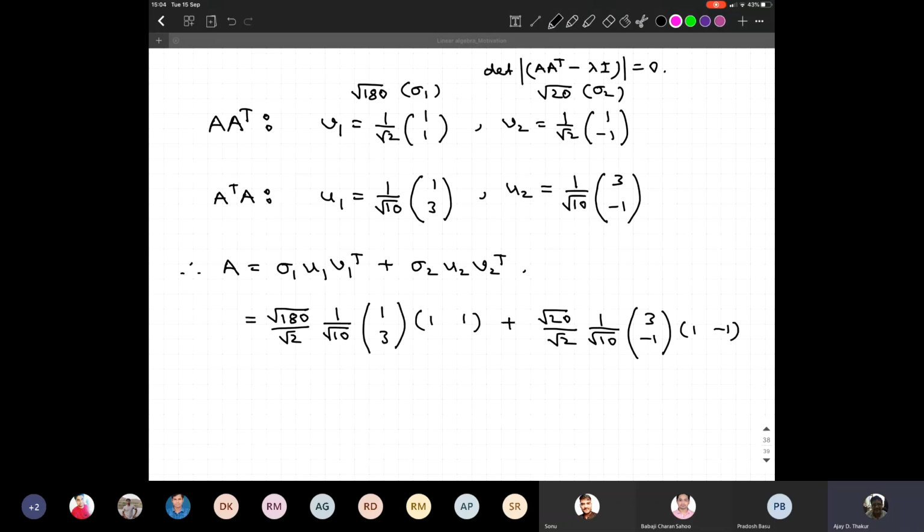That would add up to (3, 3; 9, 9) plus (3, minus 3; minus 1, 1), and if you add these two, this is basically (6, 0; 8, 10).